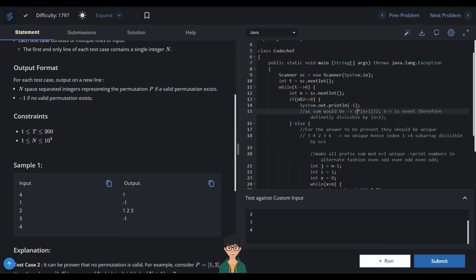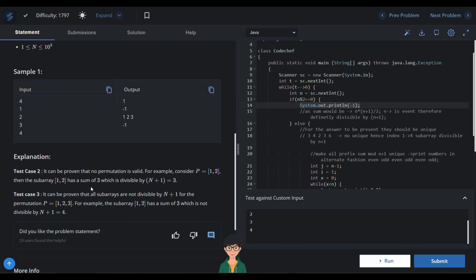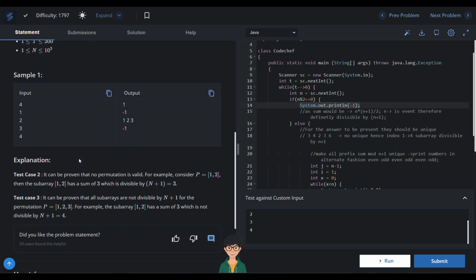Now if n is even, the 2 will divide n, and we will get something x into n plus 1. That is divisible by n plus 1, because if we divide it, we get x. So if n is even, the answer will be minus 1 only, because the whole array sum will be divisible by n plus 1.